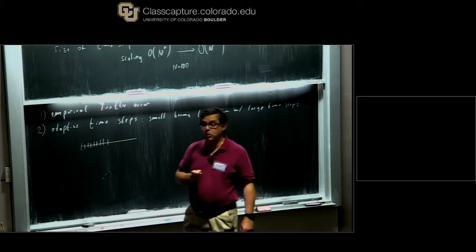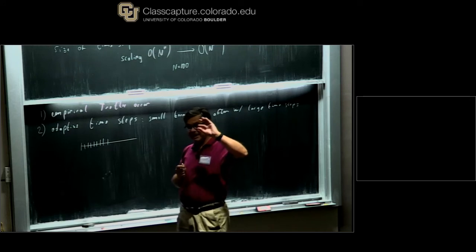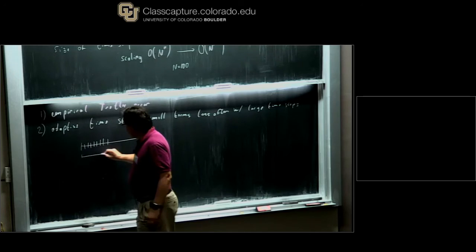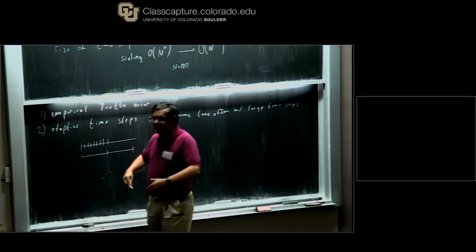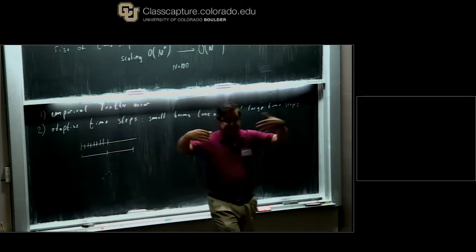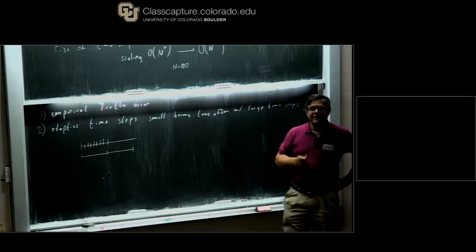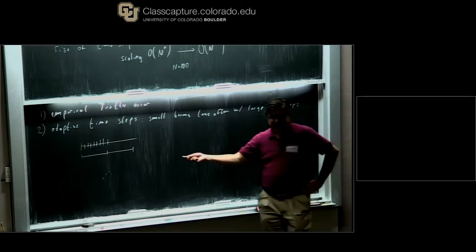But now what I can do is, when I have a tiny term, I do that only every 10th time step, but with the bigger time step. Less often with a bigger time step.